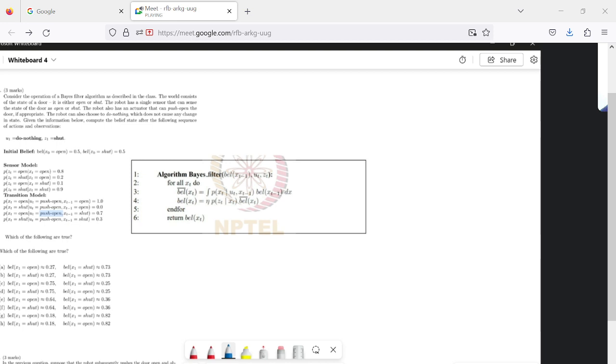Now we have to choose which of the following options is true. So what we have to find is the belief at x1, whether the door is open or shut.